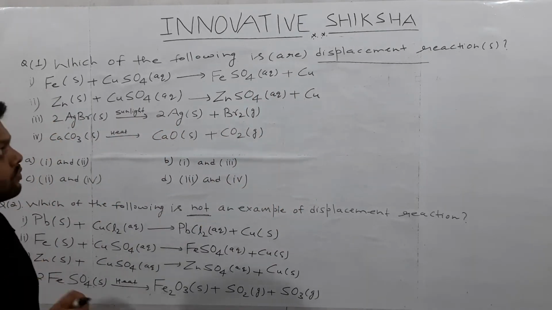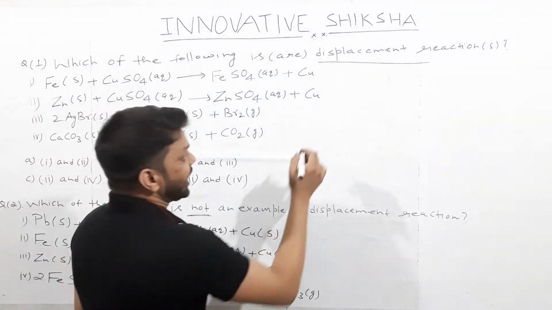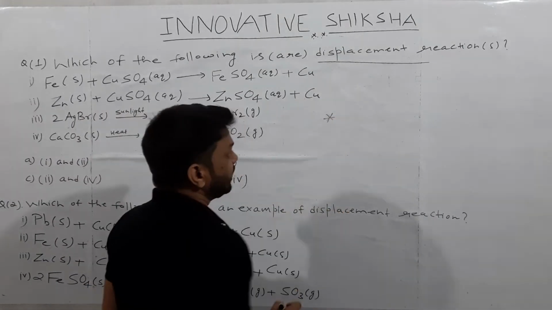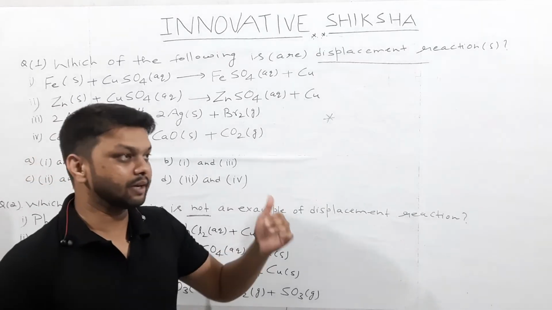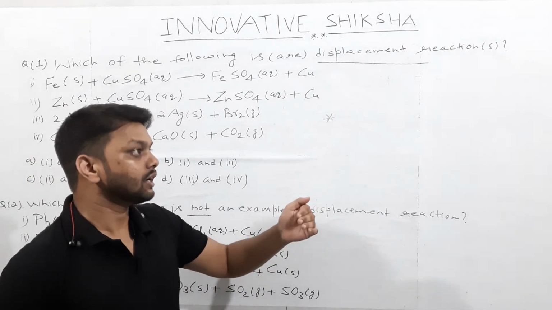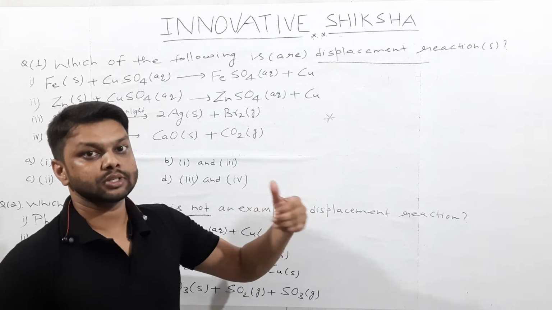So let me explain for you what is displacement reaction. As you know, displacement reactions are those reactions in which one element is displaced by another element and forms some new products.